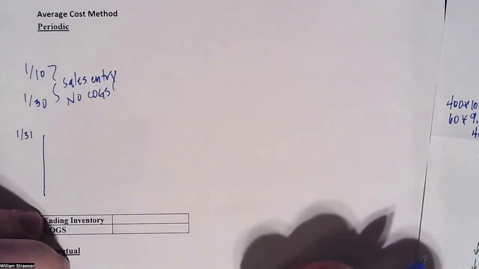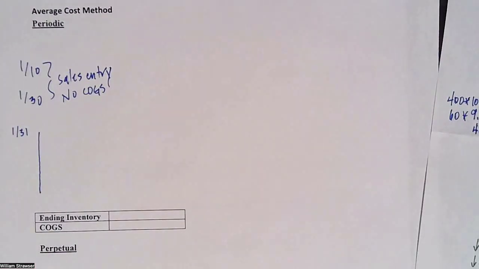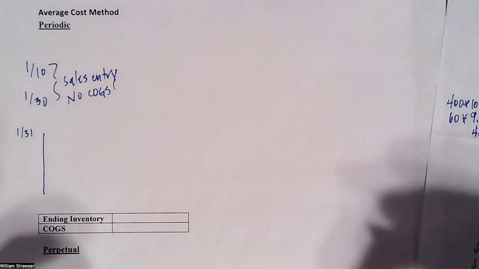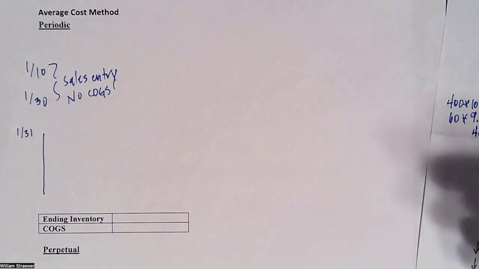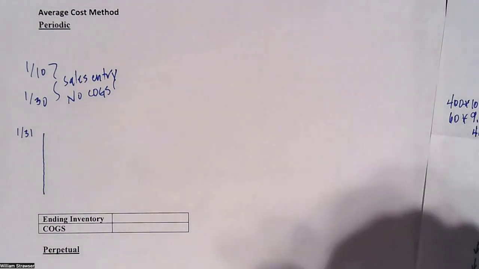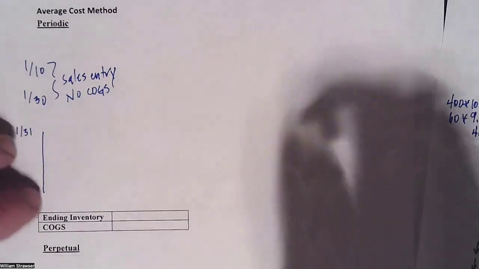And I keep repeating that because honestly, on the exam, it really makes me sad when I see a student, I ask for a periodic method entry and they give me the perpetual entries or vice versa, because in those cases, it becomes nearly impossible for me to give partial credit of any kind, right? So make sure you know the difference between recording cost of goods sold under a perpetual and under a periodic method. All right, let's see.